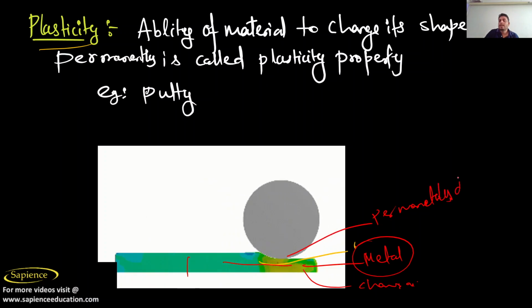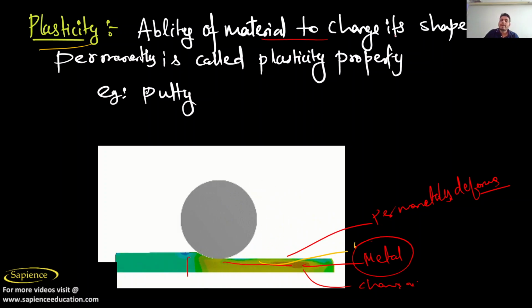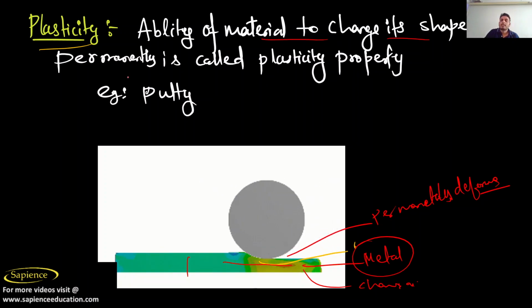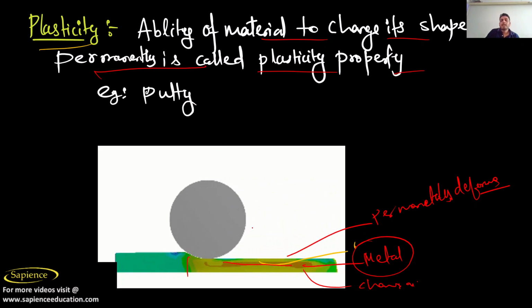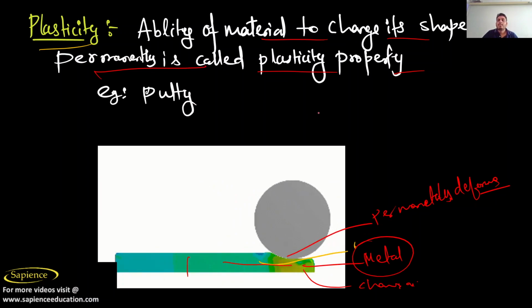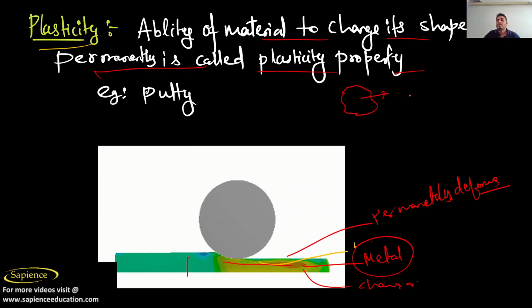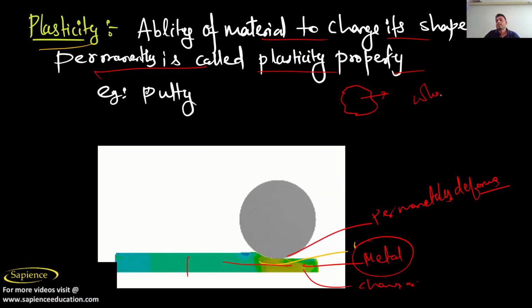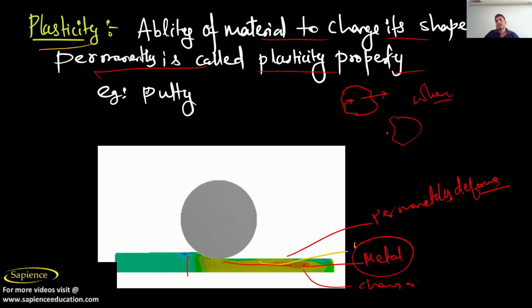Permanently deformed. So the ability of a material to change its shape permanently is called the plastic property. It won't regain its shape. Understood? For example, putty or solid mud, or dough of wheat, if you take it and change the shape, it won't regain at all.